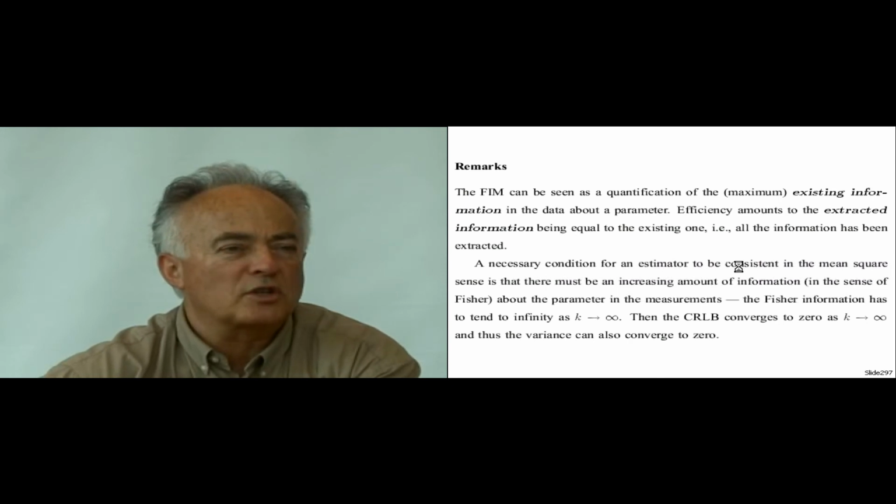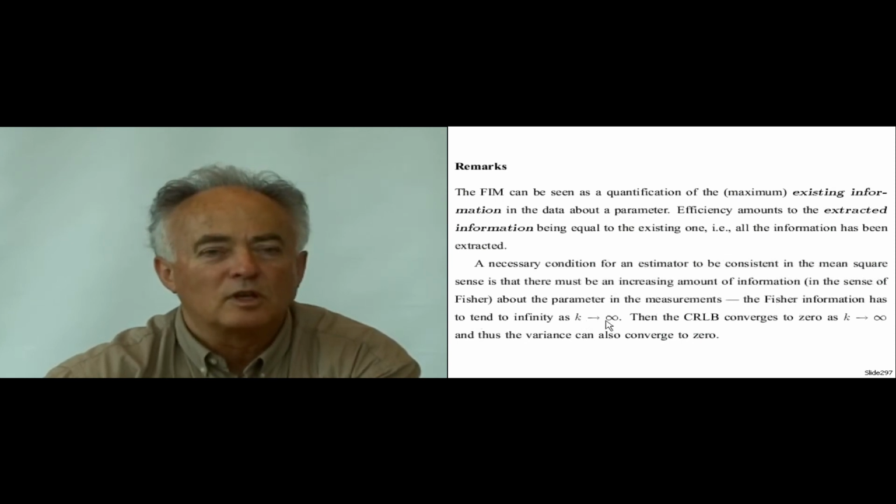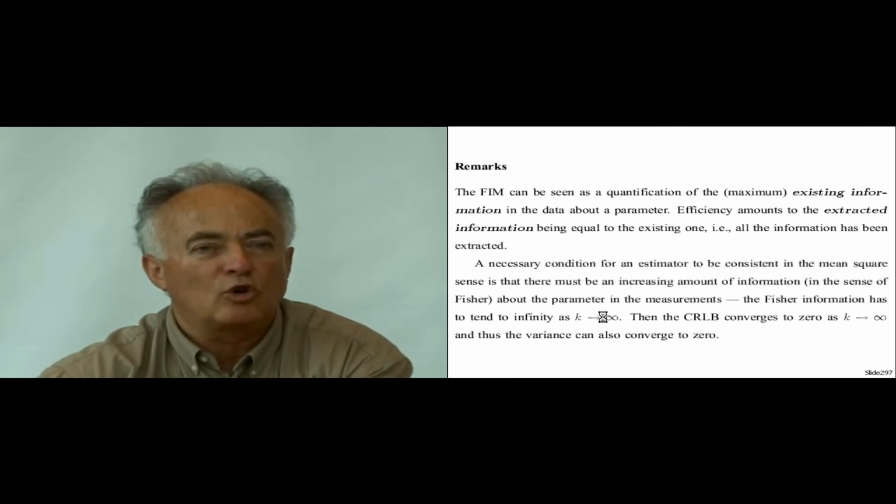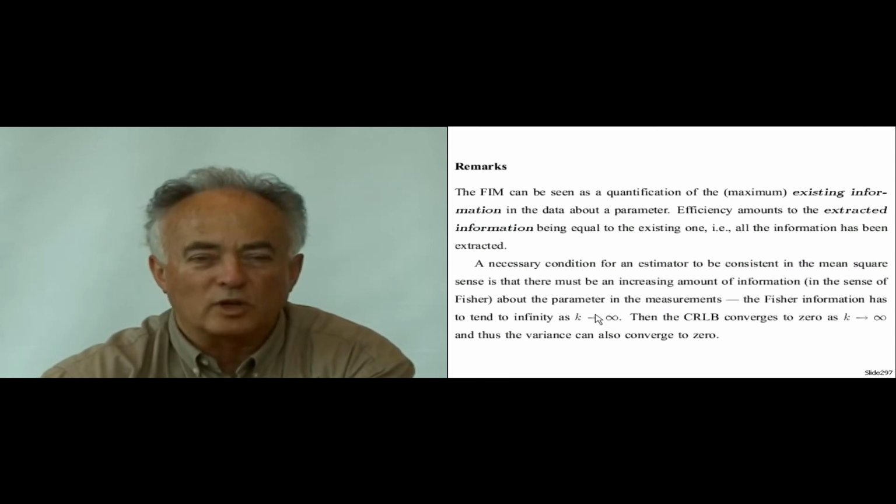So consistency in mean square requires an increasing amount of information, again in the sense of Fisher, about the parameter in the measurements. The Fisher information has to tend to infinity as k goes to infinity. If you are bounded from below by the inverse of J, if you want to converge to 0, you have to make sure that J goes to infinity, because you cannot be below J inverse.